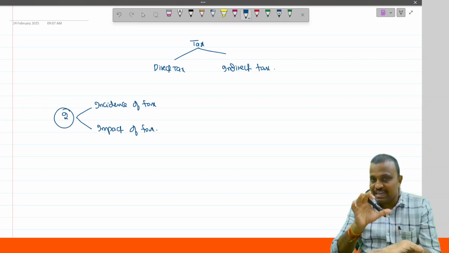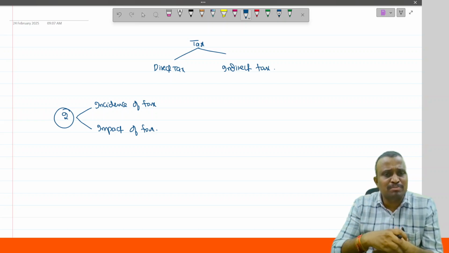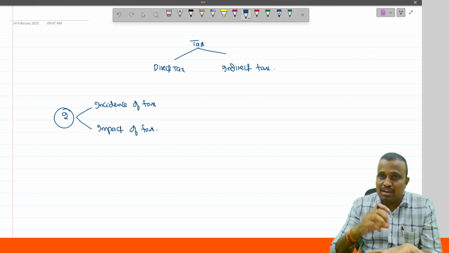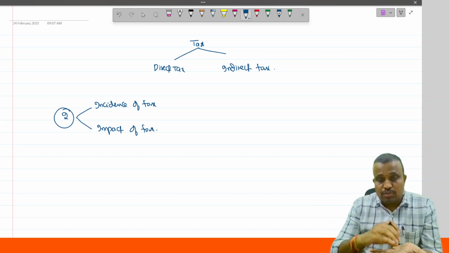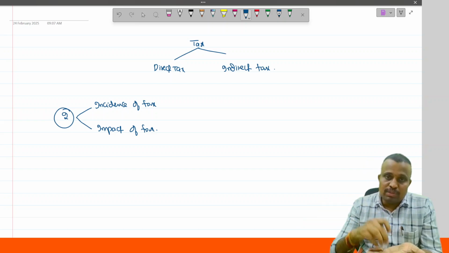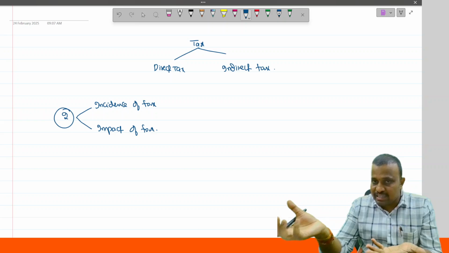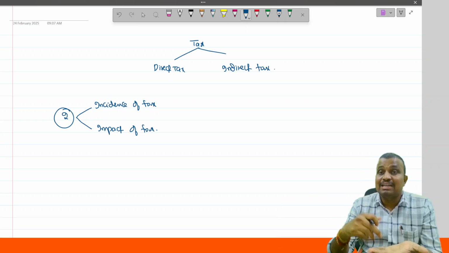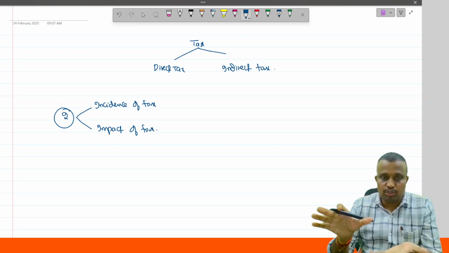But coming to the trade cycle, the manufacturer produces the product, then the central government levies the tax on the manufacturer first. Then the manufacturer collects that amount from the distributor, the distributor collects it from the wholesaler, the wholesaler from the retailer, and the retailer collects it from the ultimate consumer.